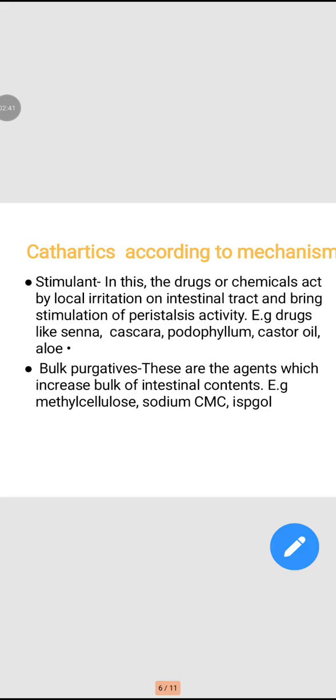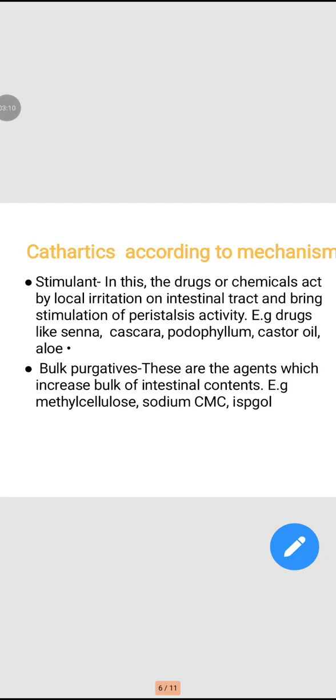First one, stimulant. The drugs or chemicals act by local irritation on the intestinal tract and bring stimulation of peristaltic activity. Examples: senna, cascara, podophyllum, castor oil, etc. Bulk purgatives are agents which increase the bulk of intestinal contents.